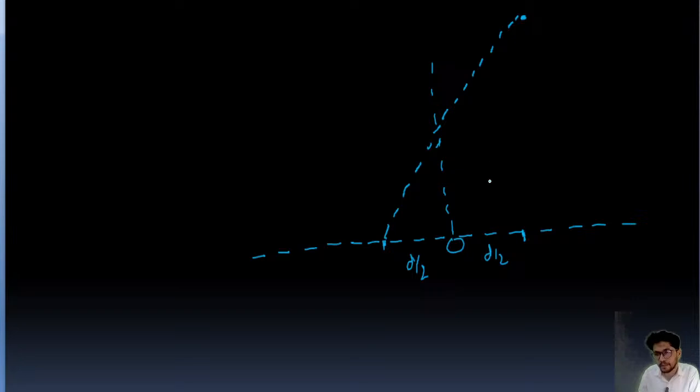There's a point. Okay, these are dipoles, and this is the distance from the origin. This angle is theta.